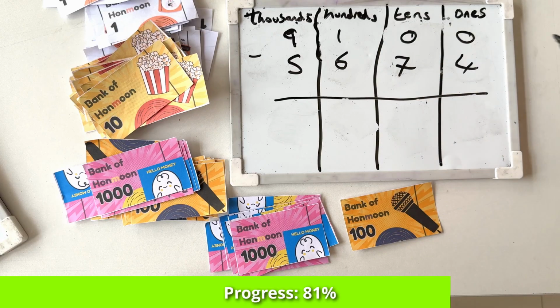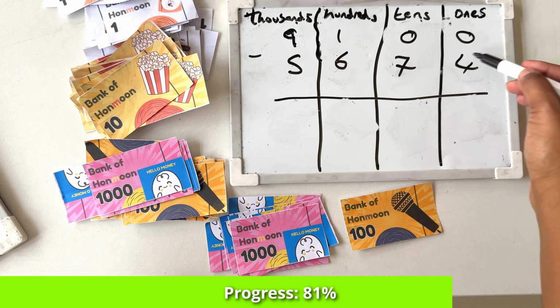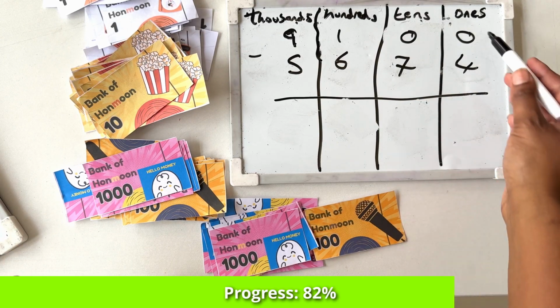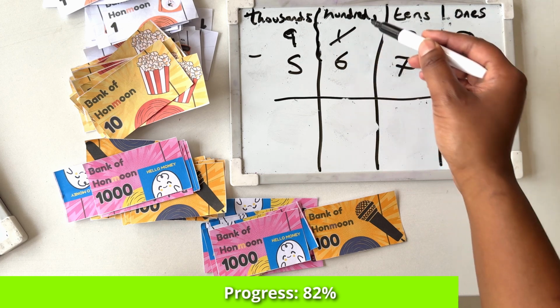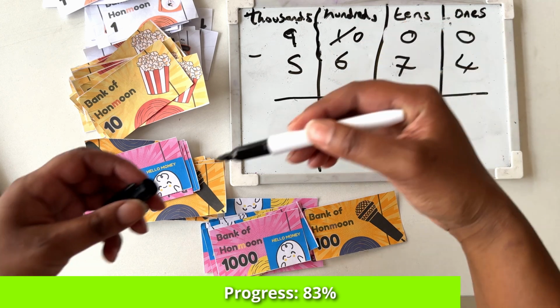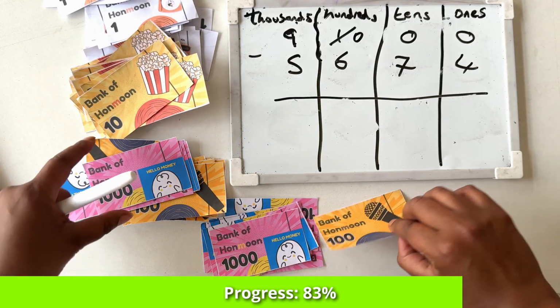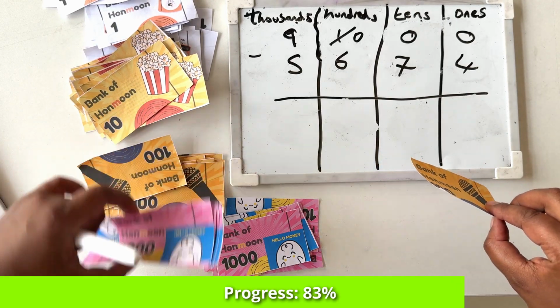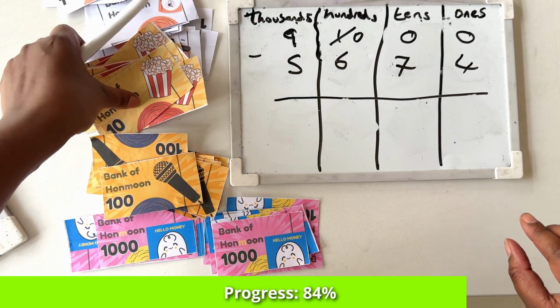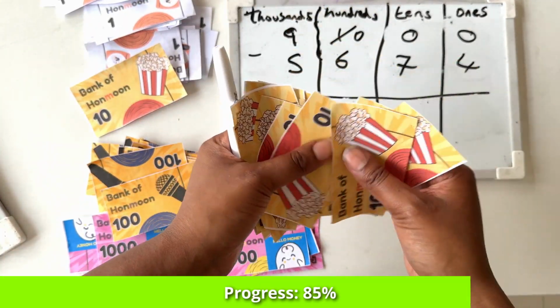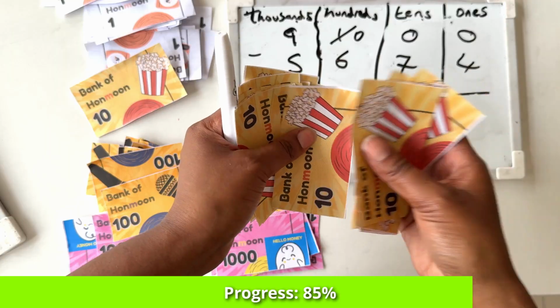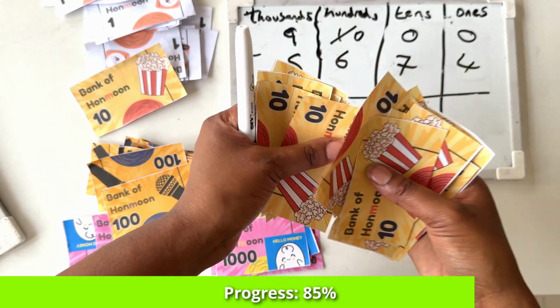So I've got 9,100. We have nothing in the ones, we need to take from the tens. We have nothing in the tens, so we have to take from the hundreds. So at the moment, that's going to be a 0, and we're going to swap that 1 for 10 tens. 1, 2, 3, 4, 5, 6, 7, 8, 9, 10.